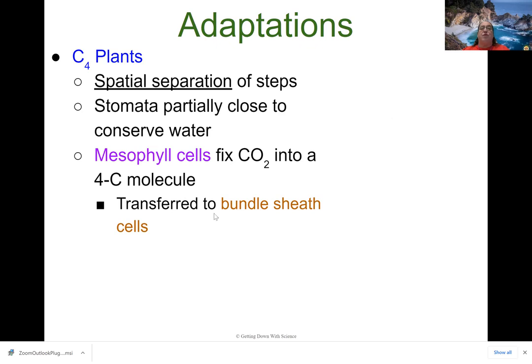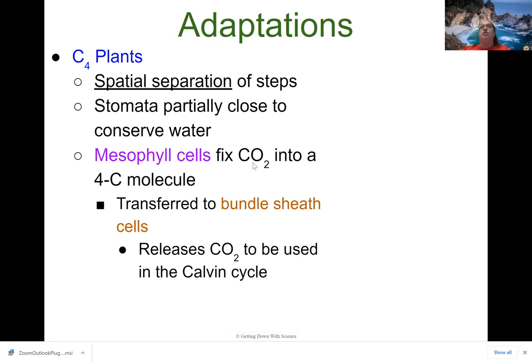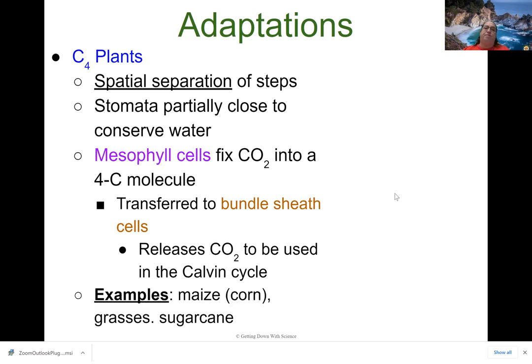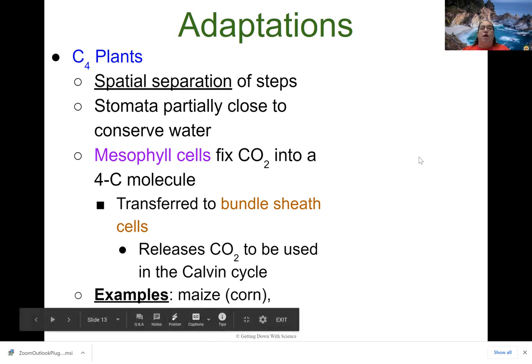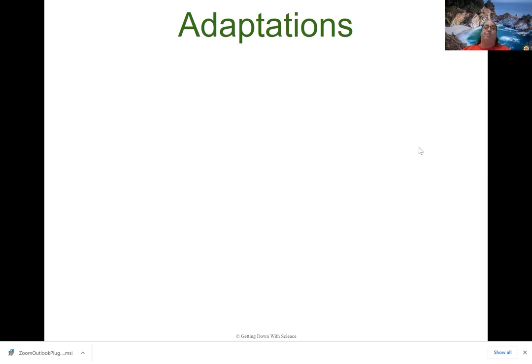It's then transferred to a bundle sheath cell, which releases the carbon dioxide to be used in the Calvin cycle. So these cells can take a whole lot and basically pre-create 4-carbon molecules, which it can then use for the Calvin cycle. Maize, corn, a lot of grasses, and sugarcane are really common examples of this C4 plant adaptation, which deals with closing the stomata in an extremely hot atmosphere.